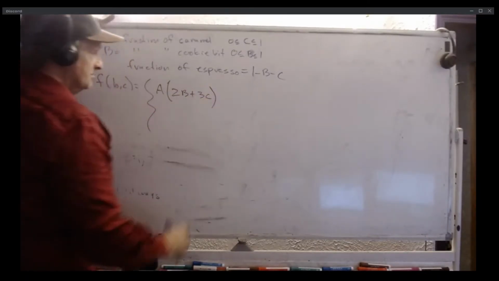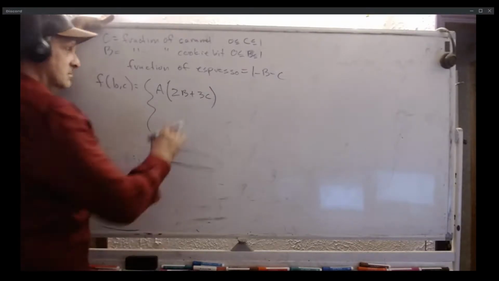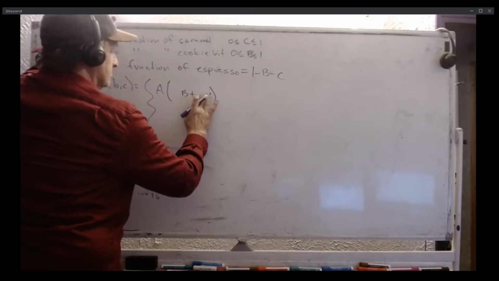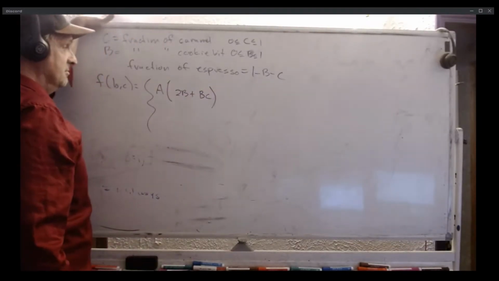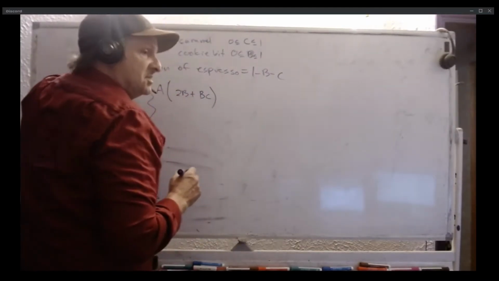Is this what we said? It's 2c and 3b. So I had the coefficients mixed up. Yes, no? Yeah. With the conditions, what are they, guys? Spout them off to me.